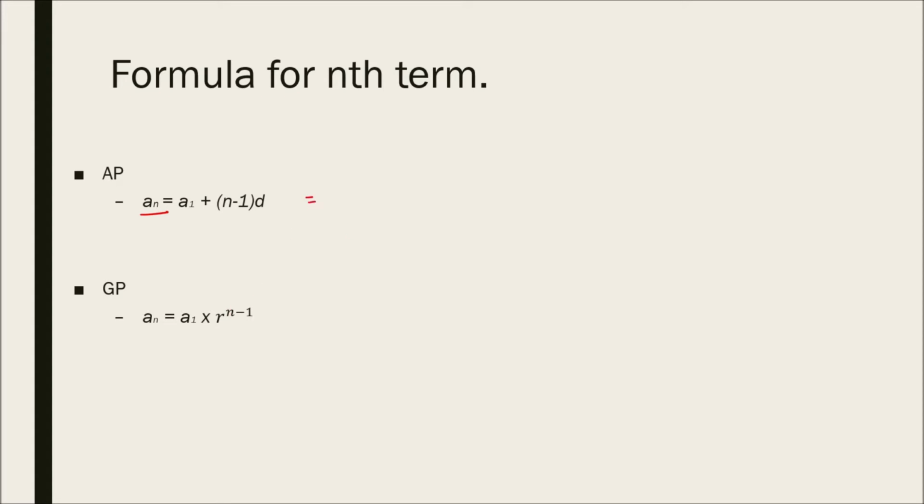So what's our a1 in the first sequence? a1 is 2, our first term is 2, and our common difference is 3. In the geometric sequence, our a1 is still 2, and our common ratio is 3.